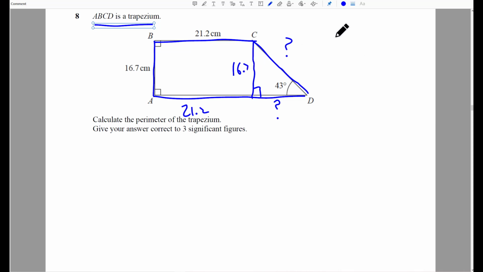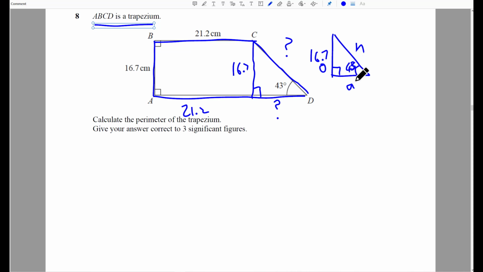So let's just draw this here. We're going to use this angle 43. No need to do anything snazzy to work out this angle, just use this exactly like so. So if we want to find out, this is the hypotenuse and this is the adjacent. This is the opposite.